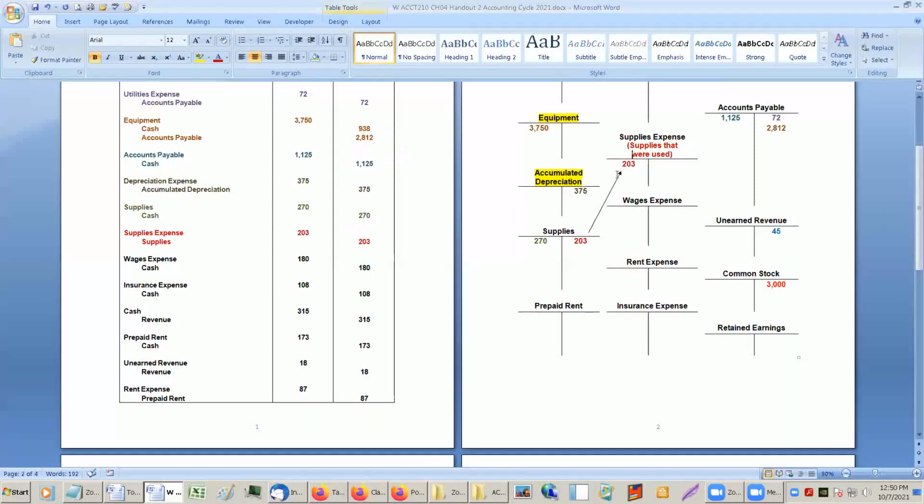So if they're envelopes or paper or brochures or whatever they were, when they left, that's when we expense them. Initially, they're still an asset. Okay. So these are the ones we use. So we still have some supplies left, and we'll figure that out later. 67 maybe. Okay, all right, so continuing on.